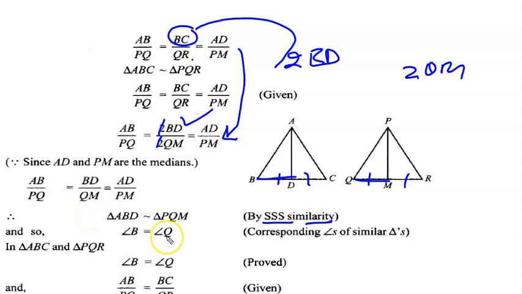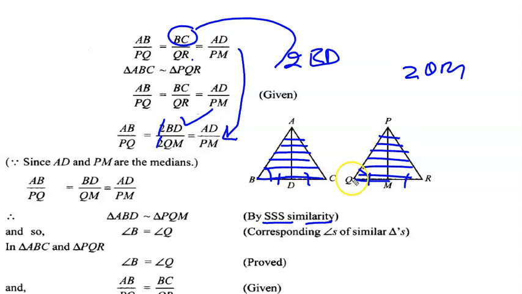So angle B is equal to angle Q, because these two triangles are similar, and they are corresponding angles. So now we go for triangle ABC and PQR. In this, angle B is equal to angle Q. Just proved, because we have proved these two triangles are similar.